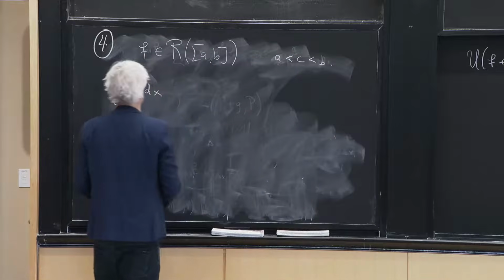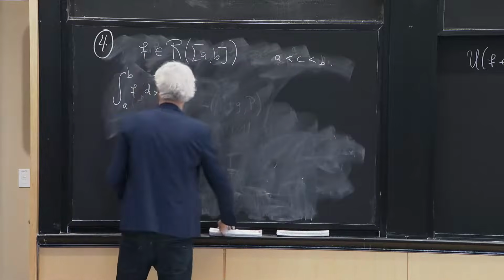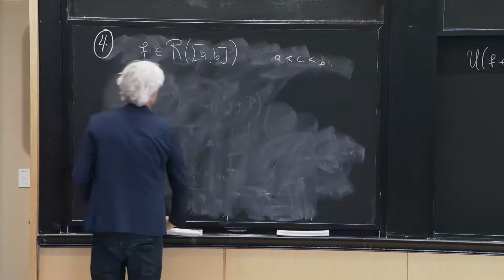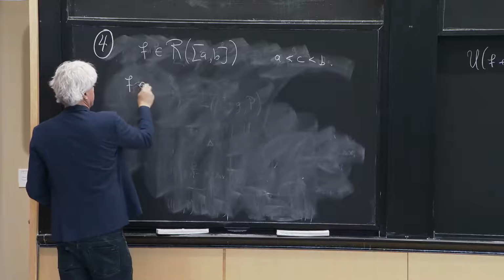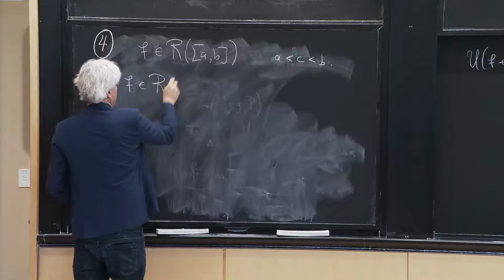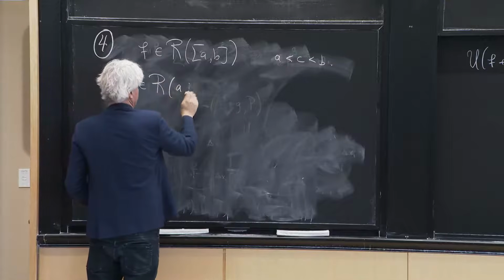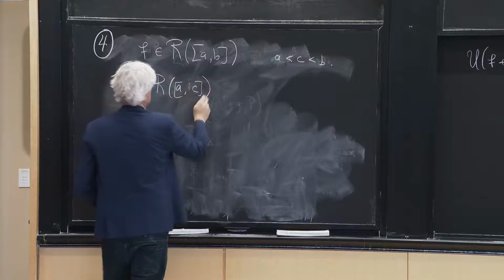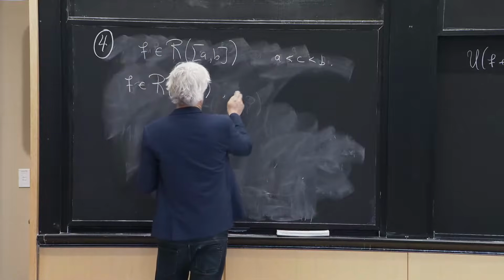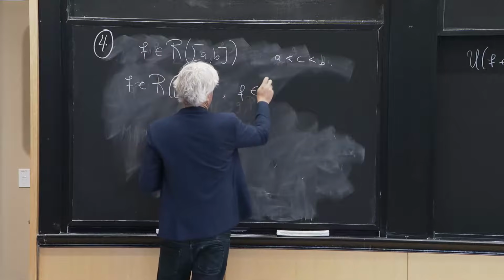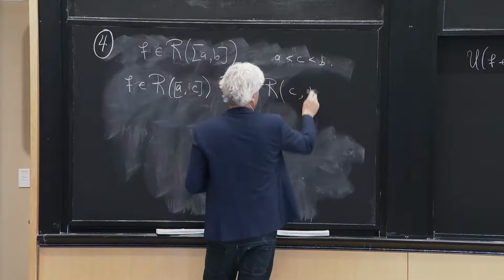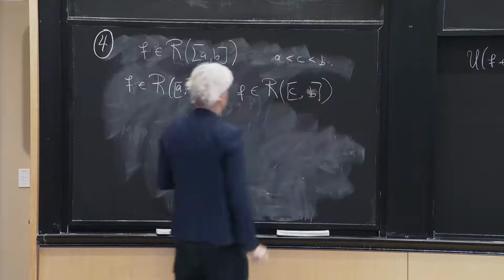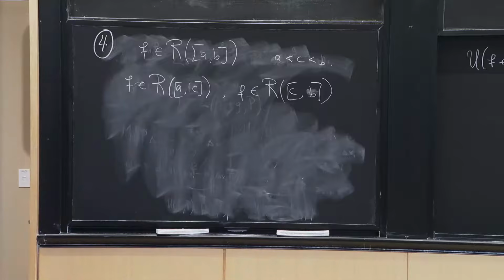Well, then if you restrict the function to the smaller interval from a to c, it's also integrable there. And likewise, if you restrict it to the interval from c to b, it's also integrable here. So it's integrable on both these subintervals.